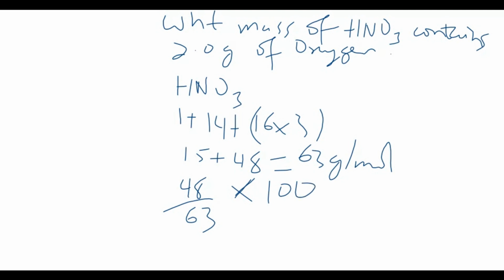It's going to be 76.19, or 76.1904. So what we are saying is that if we took 100 grams of HNO3, 76% of it is going to be made up of oxygen.